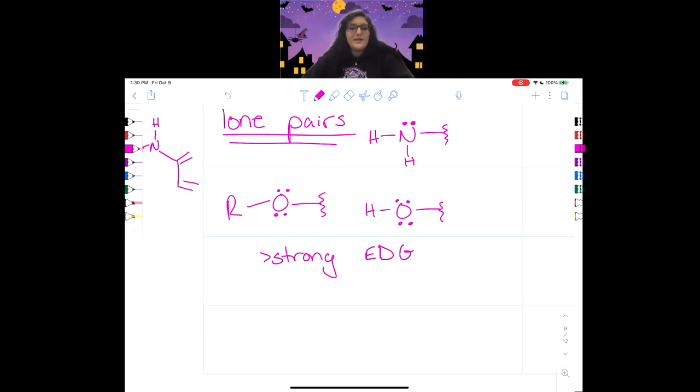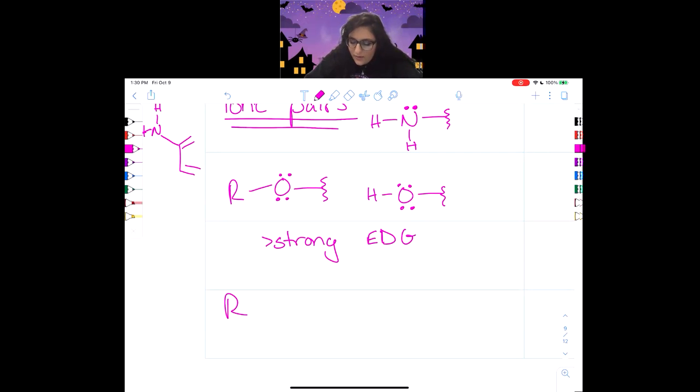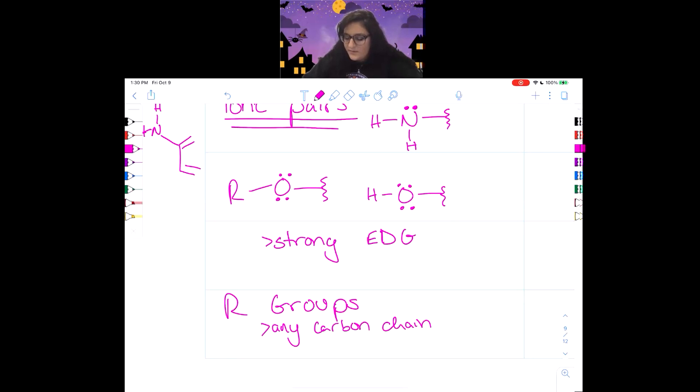The weak electron donating groups are our R groups. And an R group is essentially any carbon chain. So like a methyl, an ethyl, a propyl, whatever. And so this, again, I will say is a weak electron donating group.